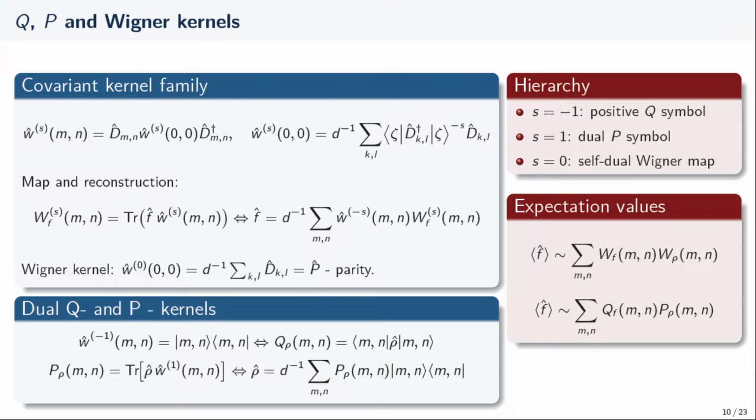Same here, no difference. And in addition, we have a Wigner map. The Wigner map is a self-dual map, which means that we can compute the average value of any operator by summing the product of the same symbols, in contrast to the Q and P maps, which are so-called dual to each other.